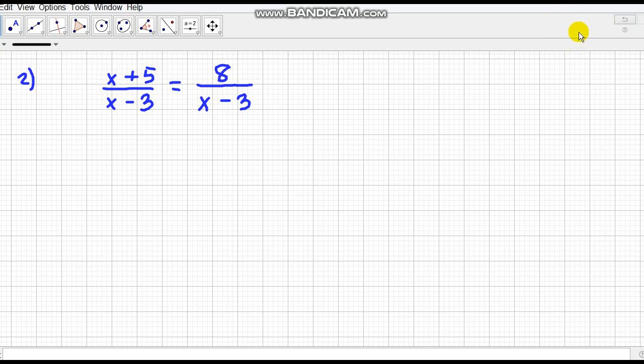For our next one, we have x plus 5 over x minus 3 is equal to 8 over x minus 3. So what we have to do first is to get rid of the denominator so that we can work on our equation much easier. To get rid of the x minus 3 and x minus 3 here, we multiply both sides by x minus 3 so that they get divided immediately.